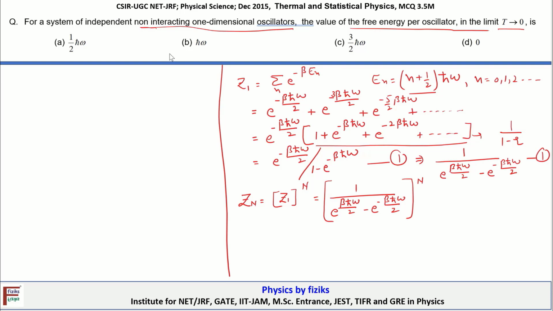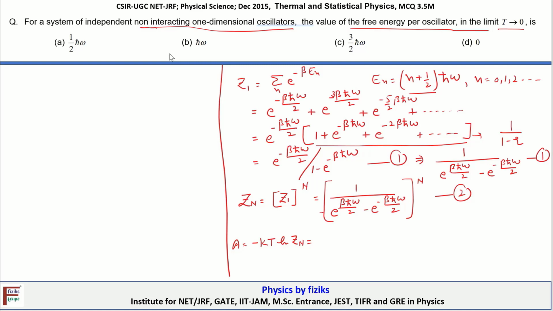Okay, now from here one can quickly determine the Helmholtz free energy. Let's call this equation 2. So the Helmholtz free energy A is connected with the partition function as A is equal to minus kT ln Zn, when we assign Zn here for n oscillators. Now n will come before the logarithmic factor, so it will be minus nkT, and when we bring these terms into the numerator side, an additional negative sign will come while taking the logarithm.